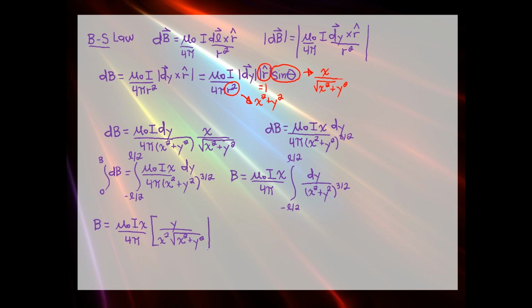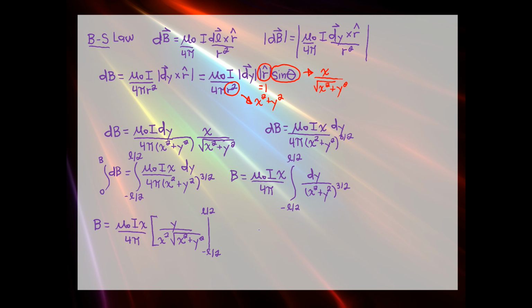And we're going to evaluate that from the y position where the wire starts, which is negative L over 2, and the y position where the wire ends, which is positive L over 2.